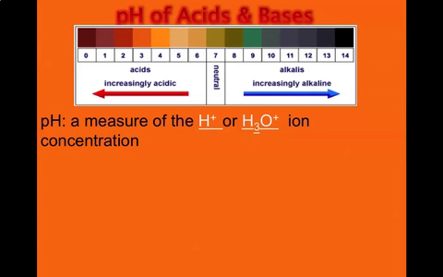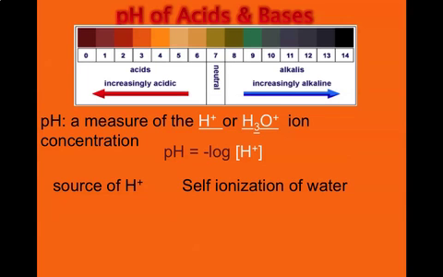So pH is a measure of the hydrogen or H3O plus ion concentration, and you find the pH by taking the negative log of the concentration, and that's going to be in molarity with the square brackets there. The source of the H plus is that water has a tendency, when it's in solution, to ionize.